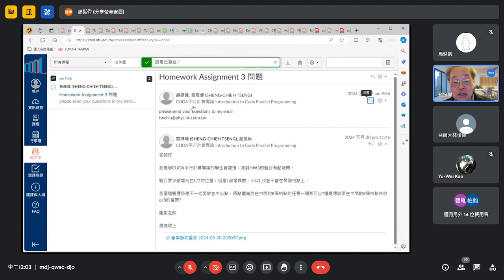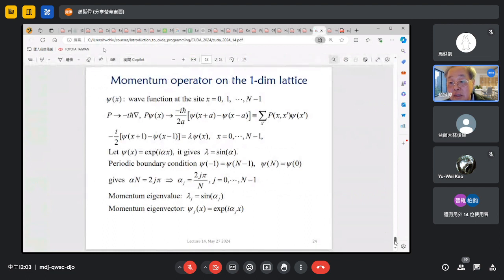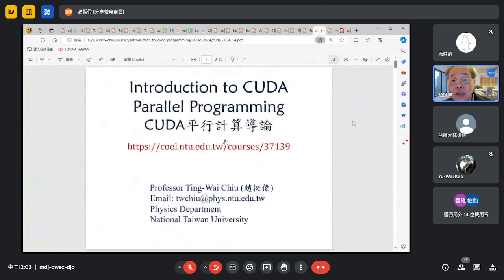That is the email address I always use. As in my transparency, this is my email address. For NTU Cool, I may check the mailbox maybe once per week at most.